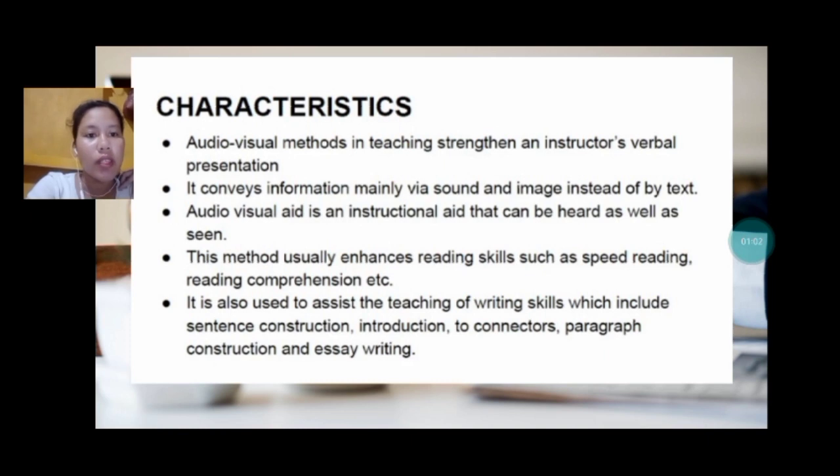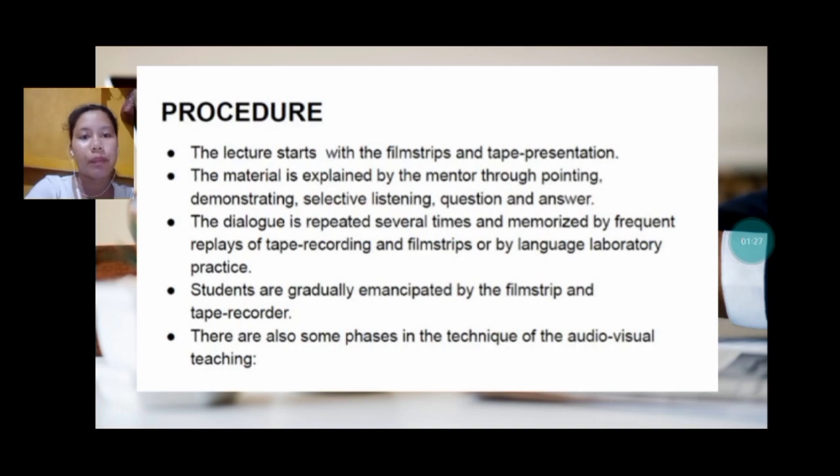This method usually enhances reading skills such as speed reading, reading comprehension, etc. It is also used to assist the teaching of writing skills, which include sentence construction, introduction and connectors, paragraph construction, and essay writing.